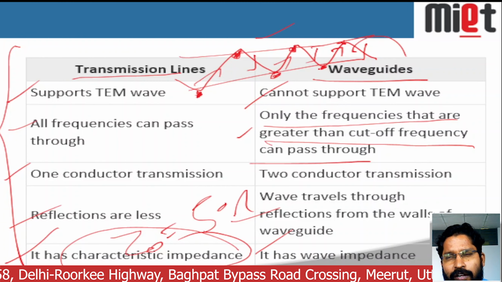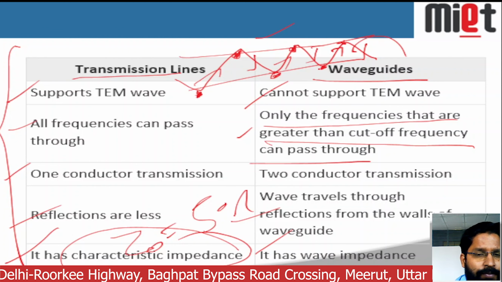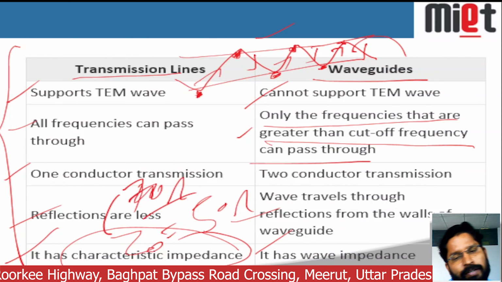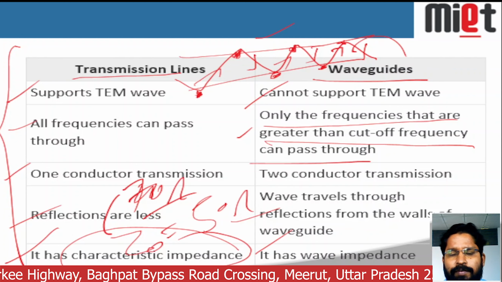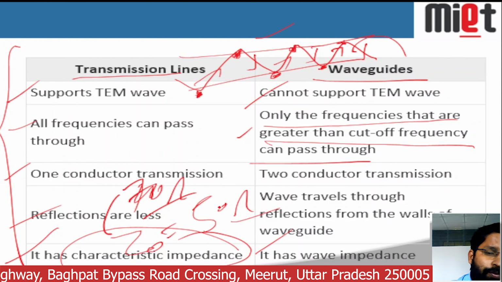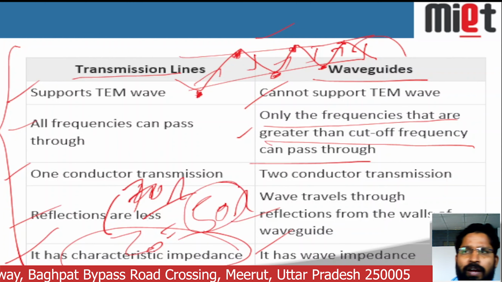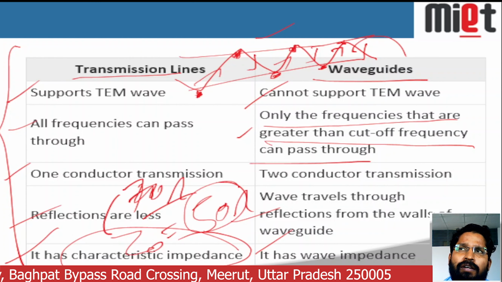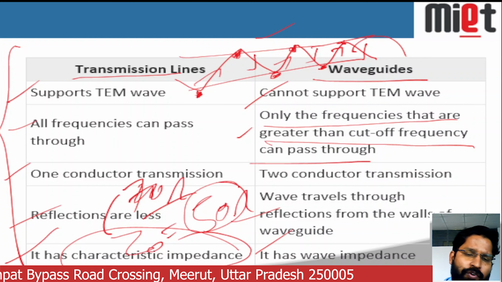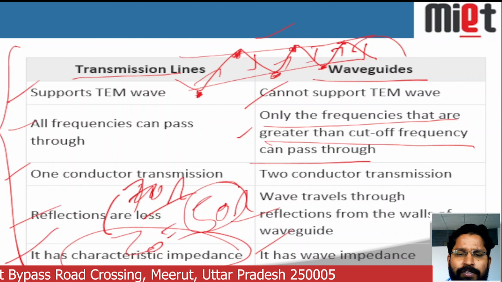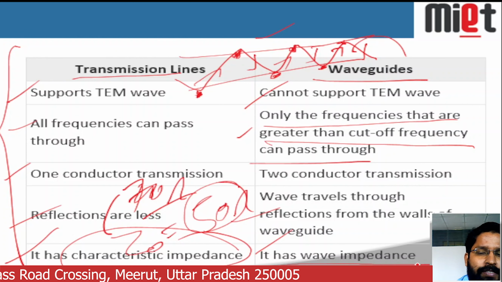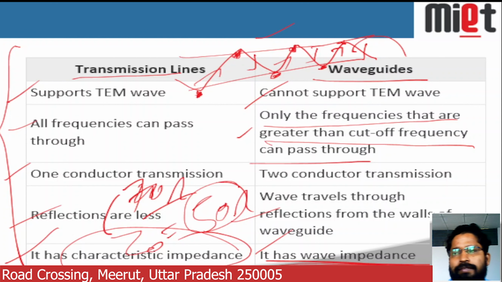I think a 70 ohm coaxial cable is also available in the market. As you can see, from your dish TV antenna to the set-top box, you use coaxial cable. And the waveguide has the waveguide impedance.